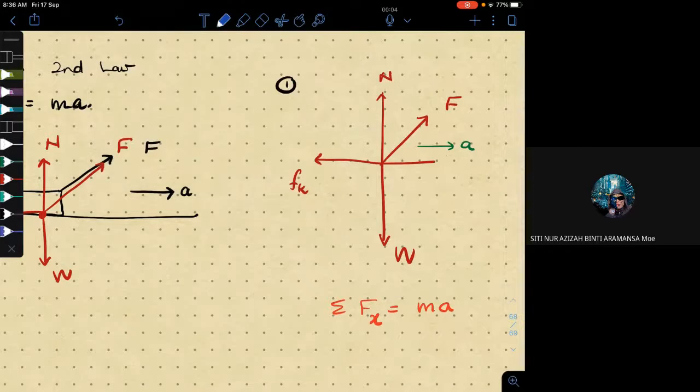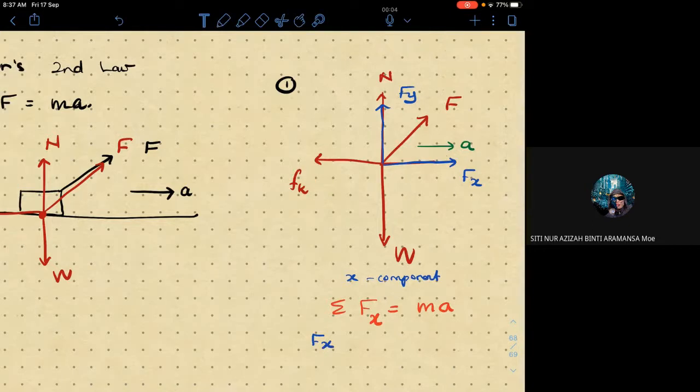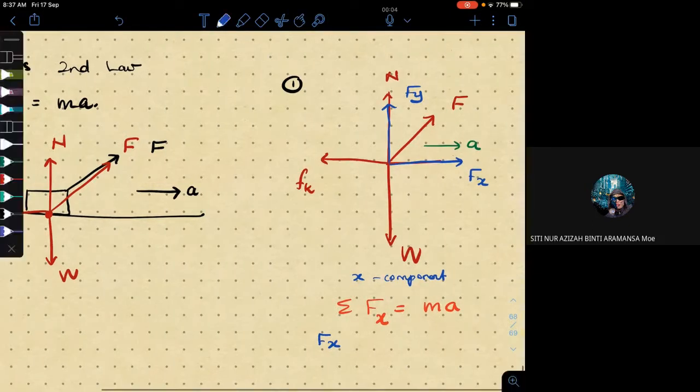Okay. This one would be your Fx kan. This one would be your Fy. Jadi kalau kita buat dekat X component, you akan buat kanan. Kanan tu positif kan. So kamu akan buat Fx. Kiri ni akan jadi negatif kan. So tolak Fk is equals to ma kan. And then kamu selesaikanlah apa yang soalan tu minta kan. Itu you punya step kan.